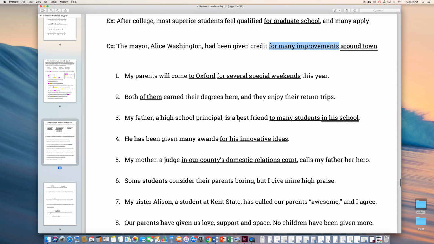Okay, so here we have another example of this, and "to many students in his school" is modifying the word friend. What type of friend? A friend to many students in his school. So within that prepositional phrase, we have the phrase "in his school" modifying the object of the preposition, right?